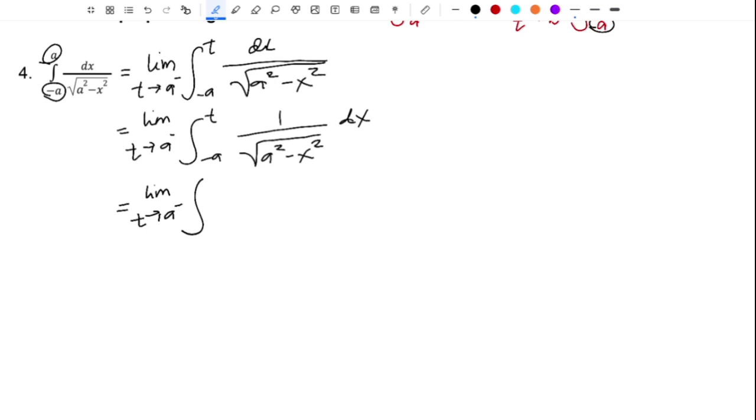This expression here is an inverse trigonometric function, and this is equal to arc sine of x over a.